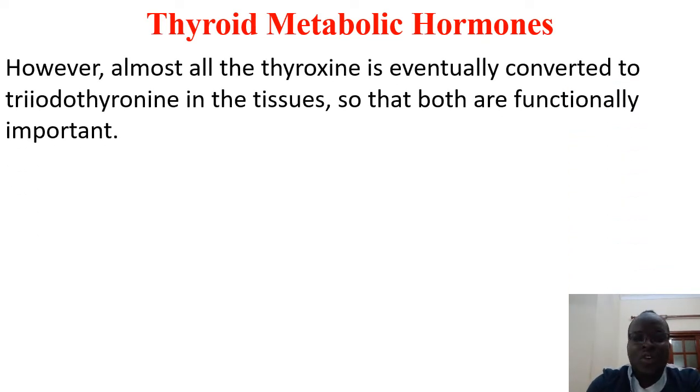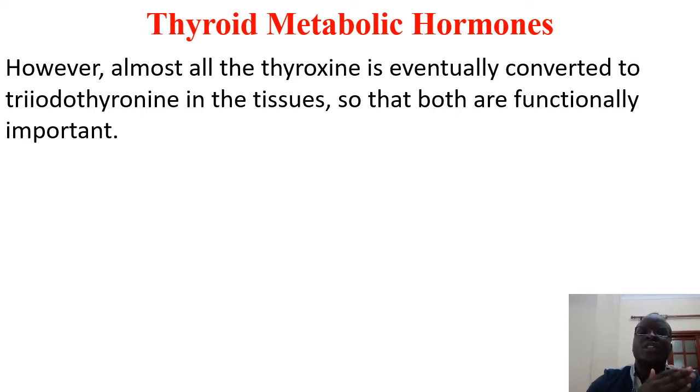However, almost all the thyroxine is eventually converted to triiodothyronine in the tissues, so that both are functionally important. In terms of potency, the triiodothyronine is more potent as compared to thyroxine. In terms of stimulating chemical reactions, the triiodothyronine is more potent as compared to thyroxine.